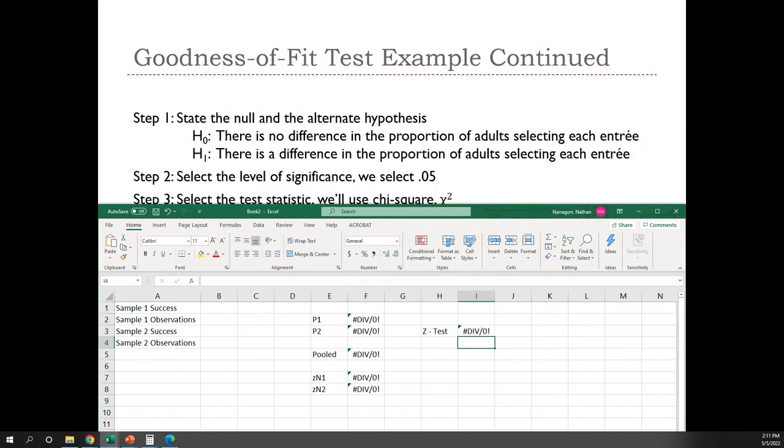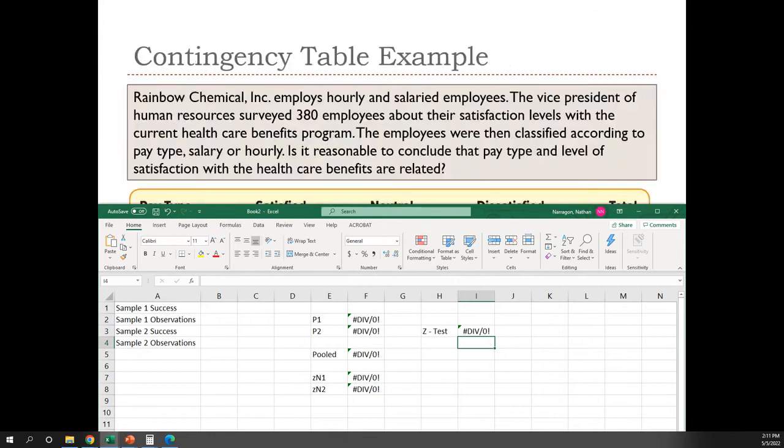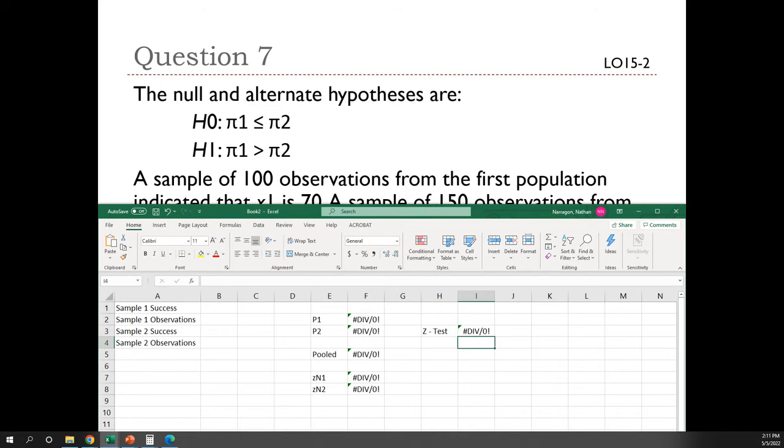So, now that we've got our formula built in, let's put in our information. We indicate a sample of 100, notice how it's going to fill in, we had 70. Next, successes, we had a sample size of 150 and successes of 90.